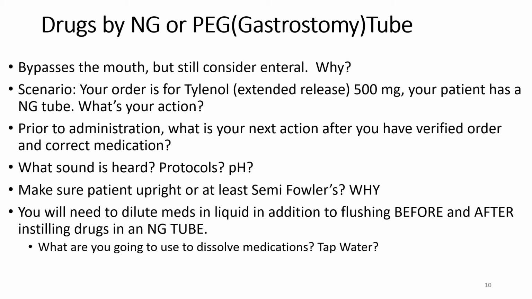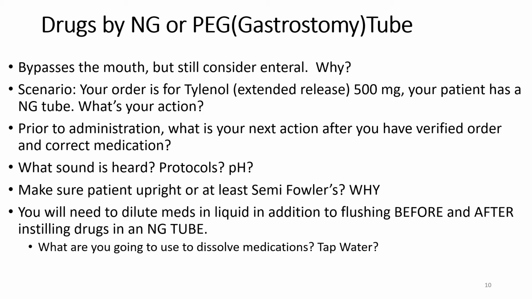So your best action is really to contact your physician and ask for a different type of medication. With doing so, you may have to dose that more often, but you're not going to immediately give them 500 milligrams of Tylenol. Okay, so check with your physician. They're probably going to change the dosage, or if you have an IV access, they may change it to IV depending on what the medication is.